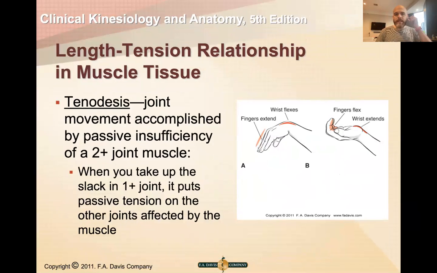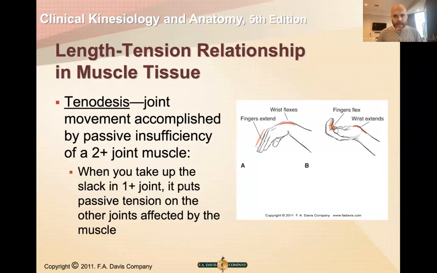Let me let you know what a tenodesis is, and then the rest of it is pretty much review. A tenodesis, if you remember from medical terminology, teno means tendon and desis usually means fixation. Well, in this case, tenodesis is a trick that people do that don't have active wrist or finger flexion.